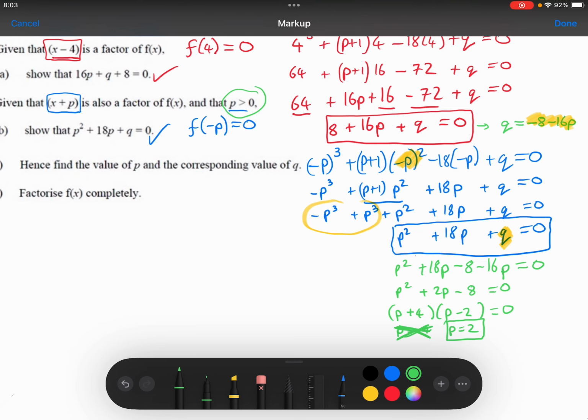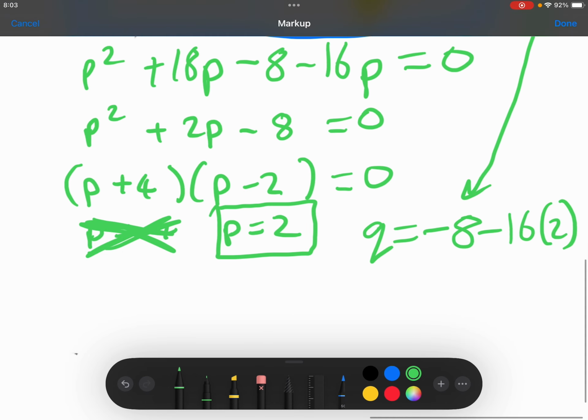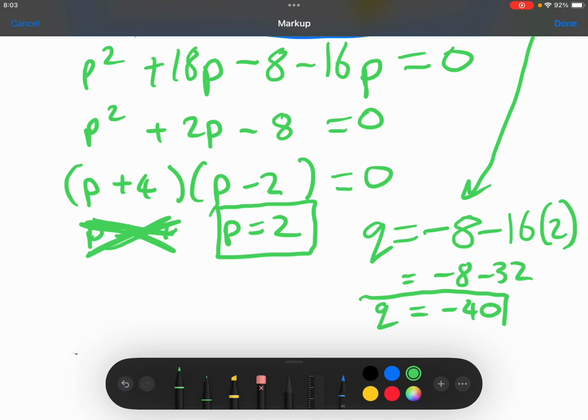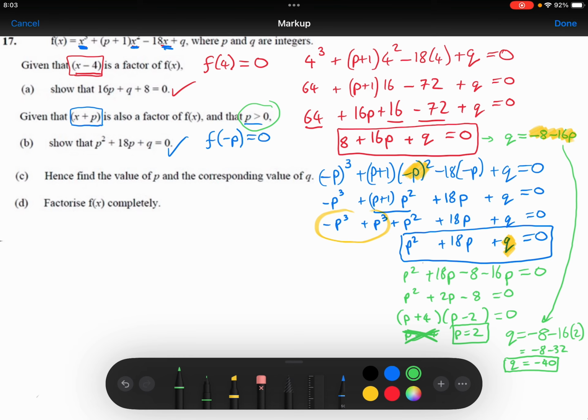Now I know p is 2, I can work out what q is going to be by substituting the p in. So q is going to be equal to minus 8 minus 16 times 2. So minus 8 minus 32 is minus 40. So that is the corresponding value of q. And that is part C of this question done.